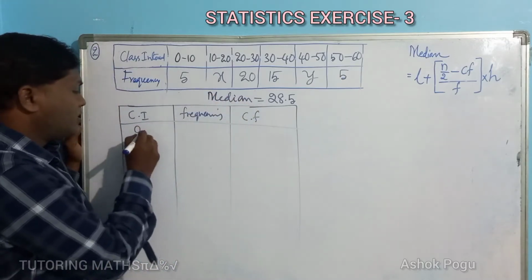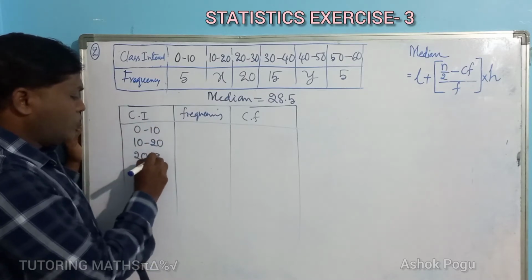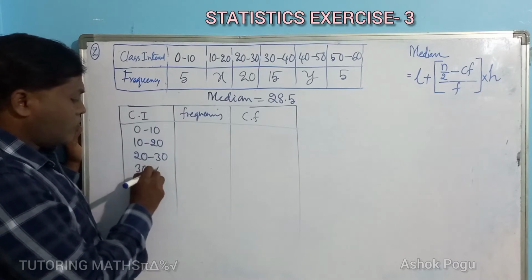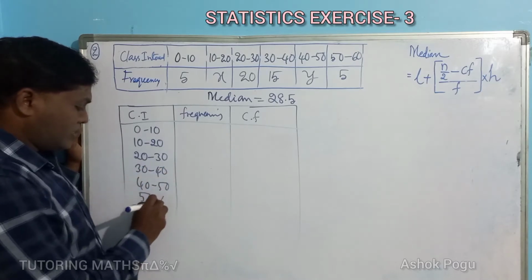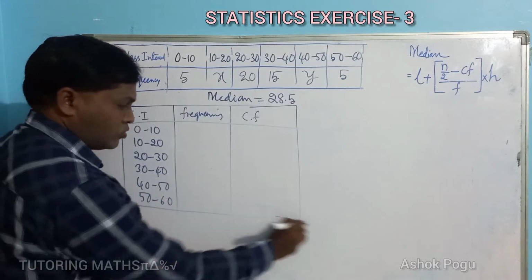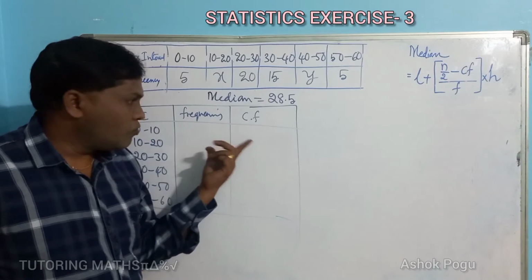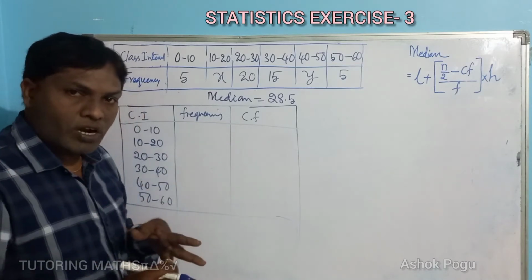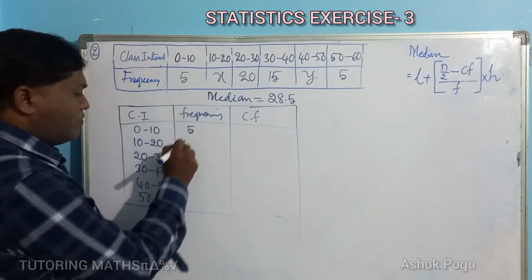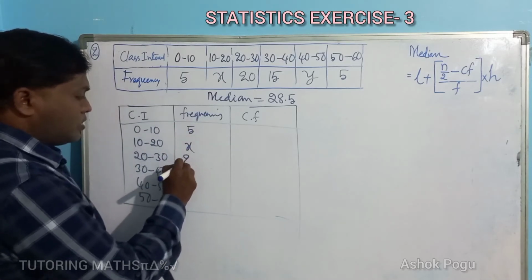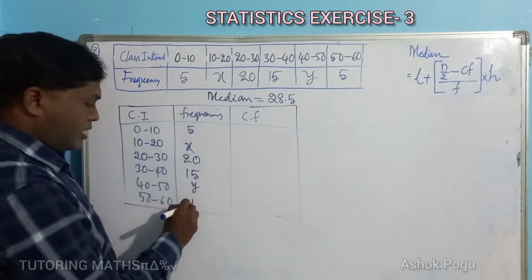So class intervals 0 to 10, 10 to 20, 20 to 30, 30 to 40, 40 to 50, and 50 to 60. So my dear students, please concentrate on this solution, because it is one of the important questions in this chapter. Frequencies are 5, x, 20, 15, y, and 5.